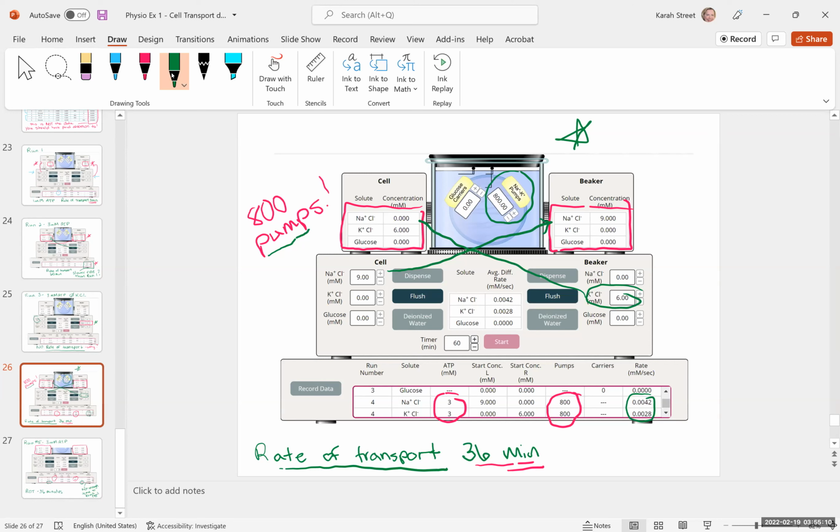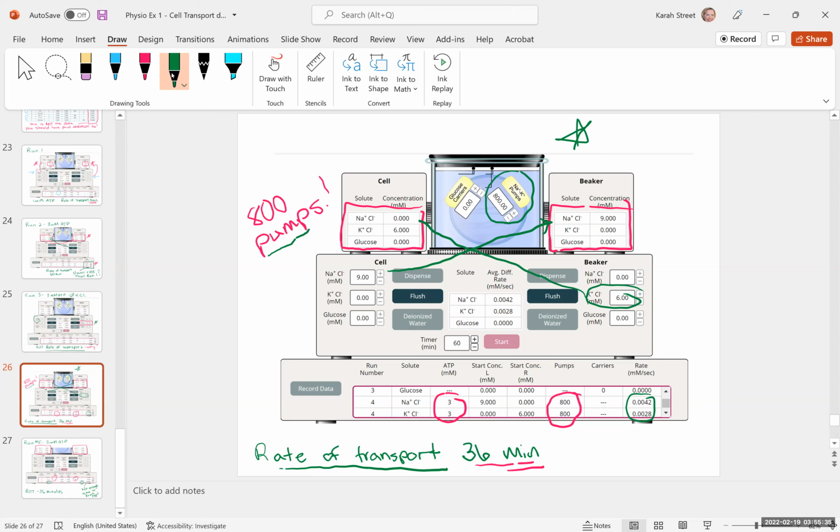And that I am 100% sure you missed when you did this activity for PhysioEx number 1. I'm sure you missed it. And yet those little signs came up and told you rate of transport, total time, and PhysioEx never told you to write it down. So it's really not your fault, my young Padawan learners.